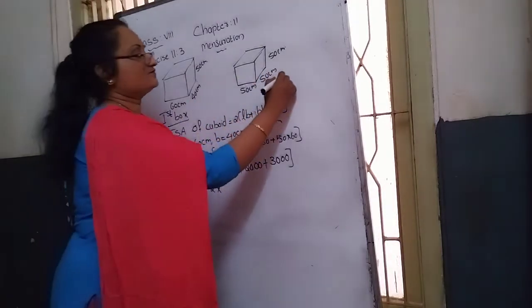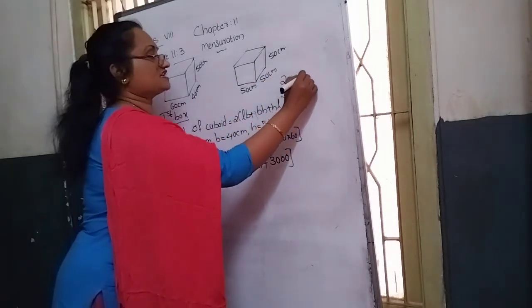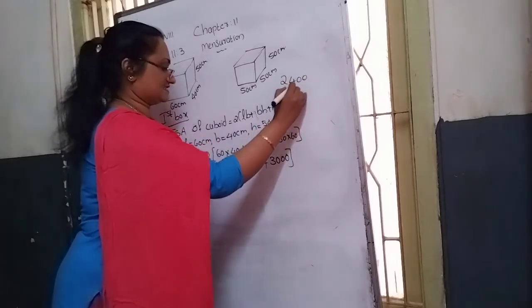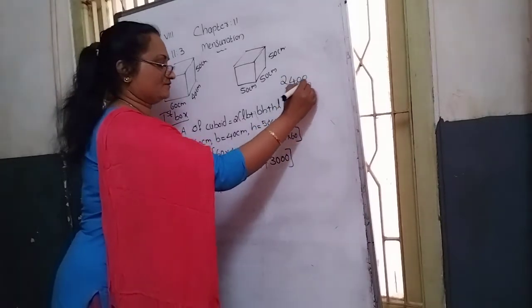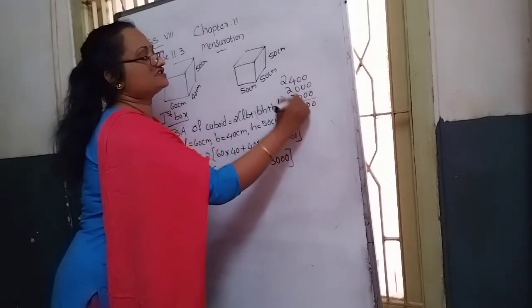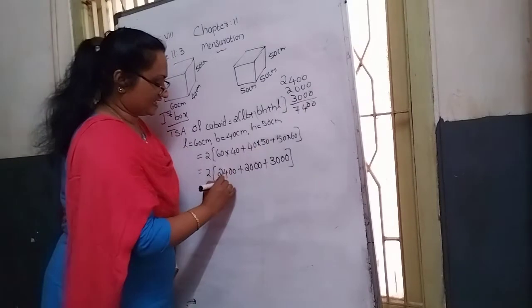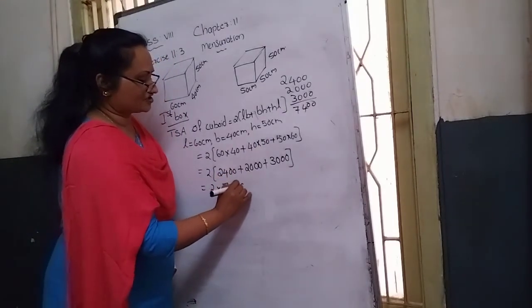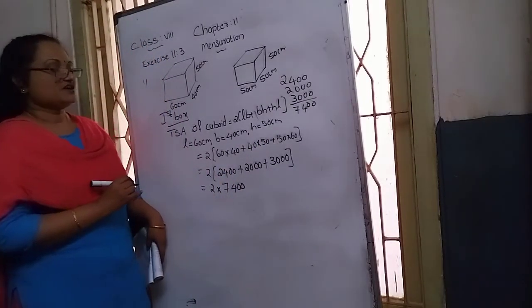First we add 2400, 2000 and 3000. Adding, we get 7400 inside the bracket.